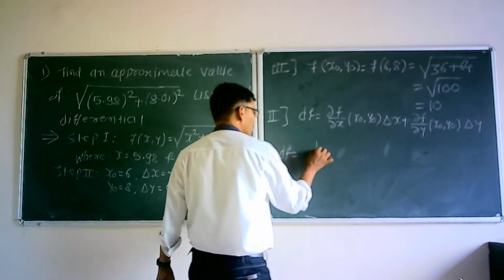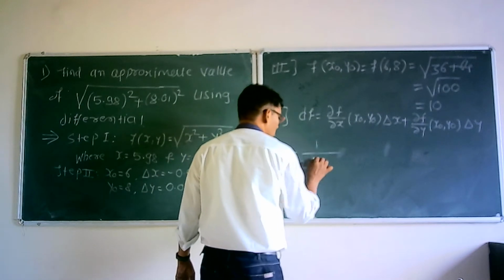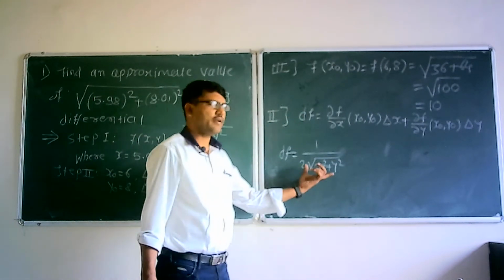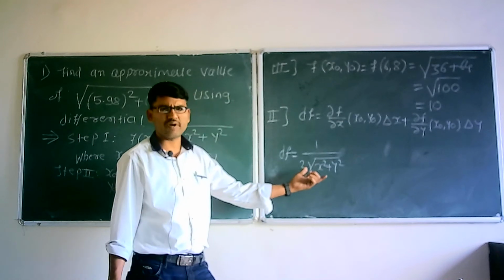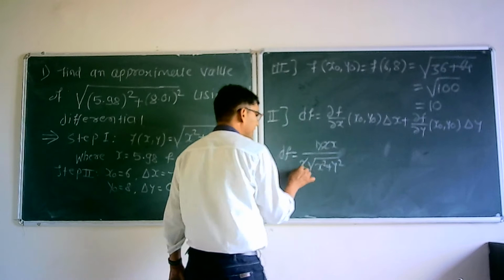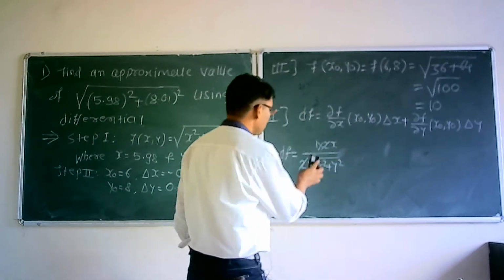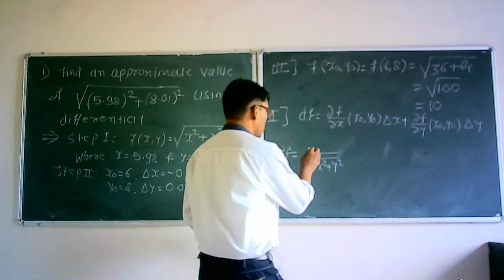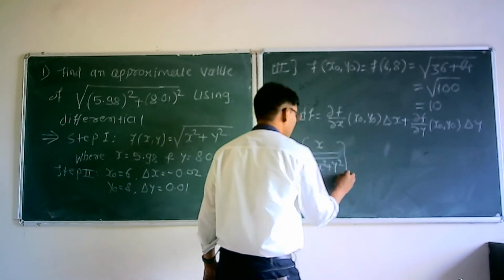So this is 1 upon 2 under root of x square plus y square, and again the derivative of x square plus y square with respect to x is twice x. So this 2 will get cancelled, and your answer will be x divided by under root of x square plus y square at x0, y0.